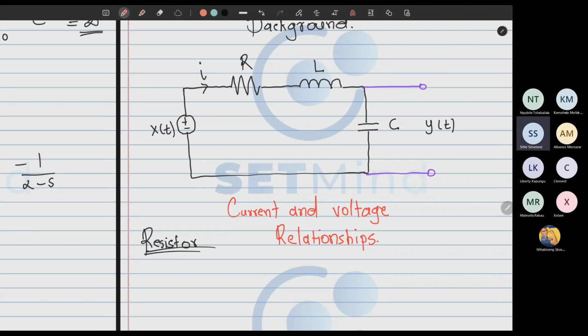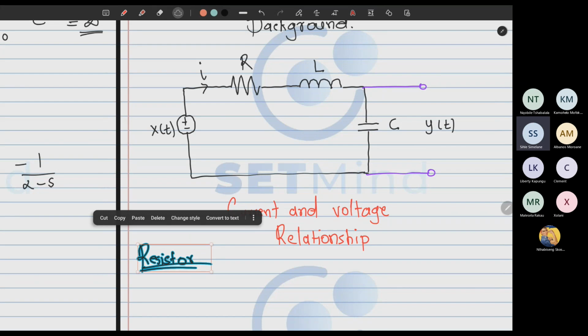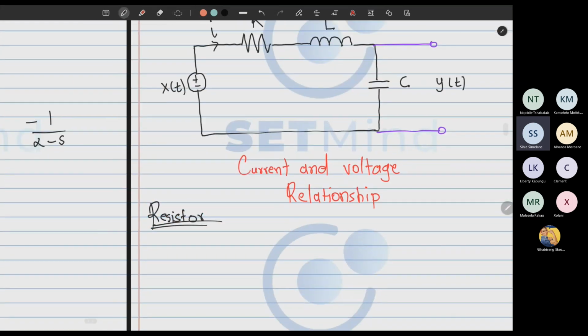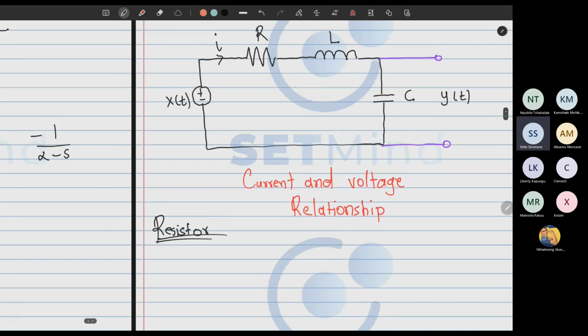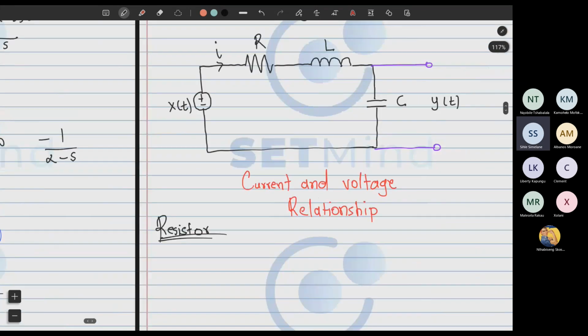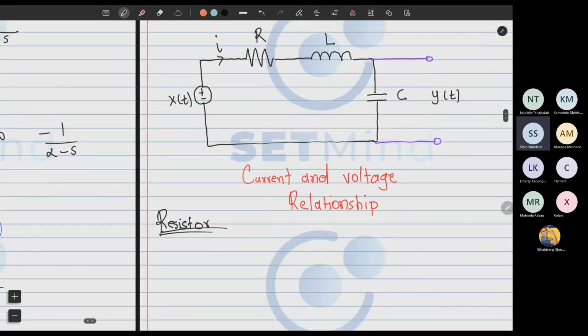So when we are looking at a resistor, you should know Ohm's law from high school. How is current related to the voltage across the resistor? If you remember, V for a resistor is simply IR.